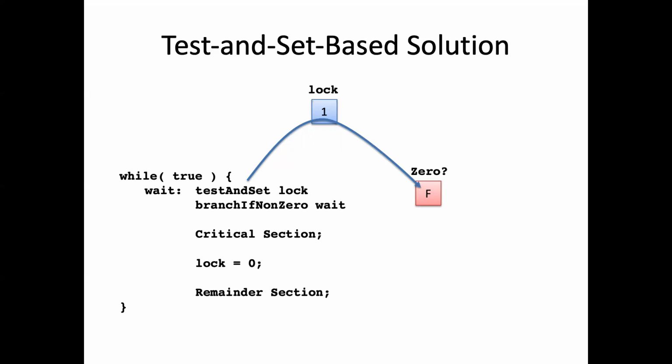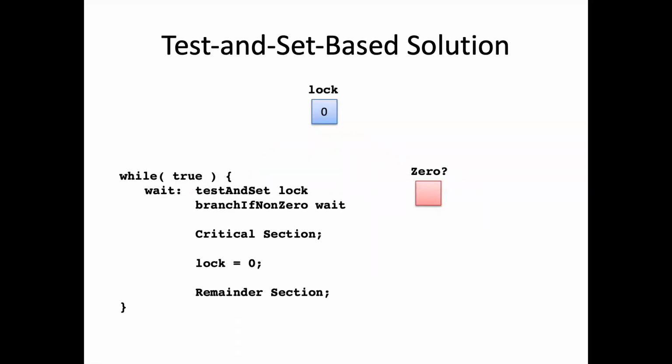And then after I've done the atomic test and set, I check to remember if it's 0 or not. In this case, it wasn't. And I set it to 1. After I do that, I do a branch if non-zero. Well, in this case, it was non-zero, so somebody already had the lock. And like my arrow over here tries to show, that takes us back to the test and set instruction. And as long as this lock has a 1 in it, we're just going to keep doing that over and over and over again.